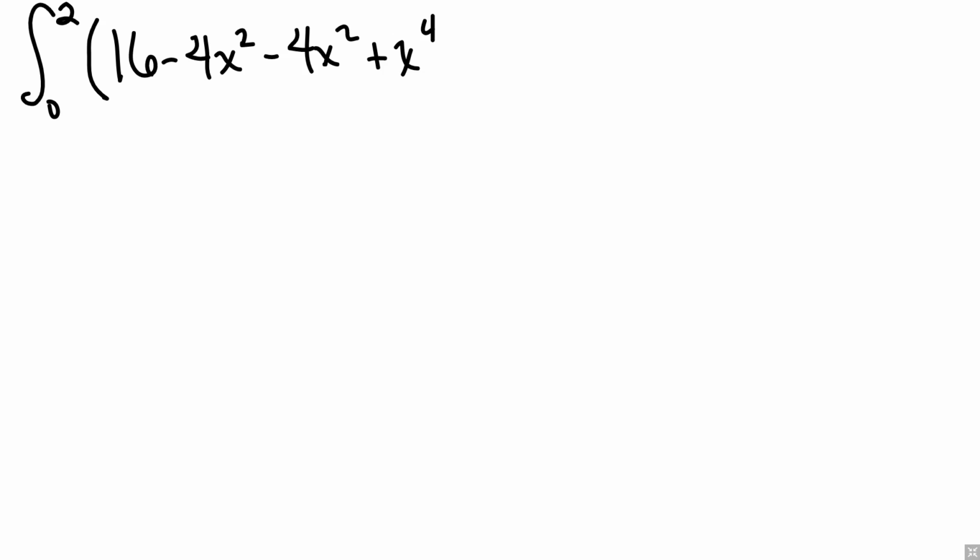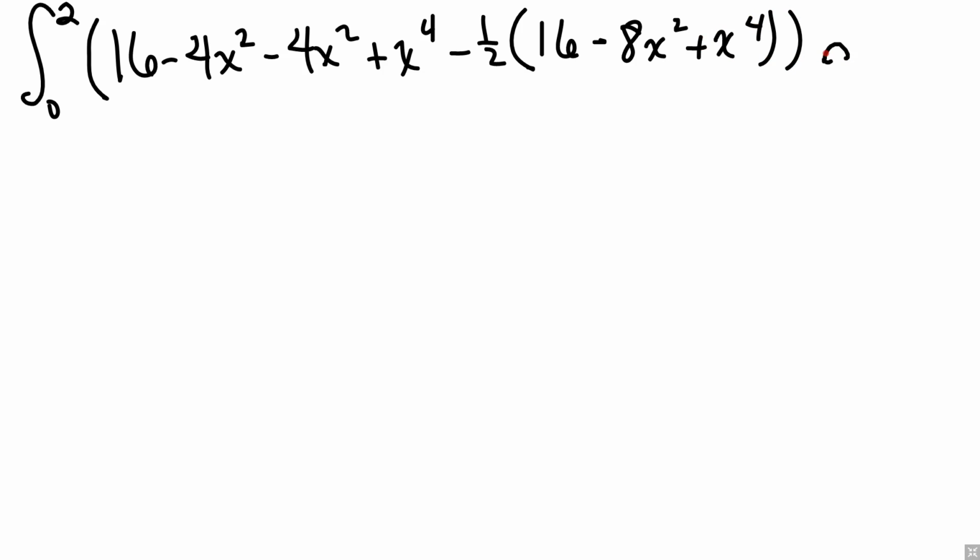And then I'm going to have minus 1/2. The next piece, I'm going to square that, so I'm going to have 16 minus 8x squared plus x to the fourth, dx.